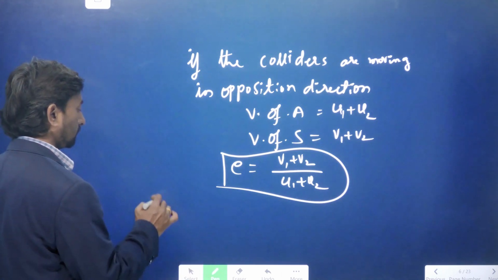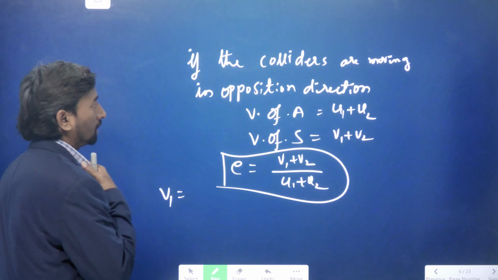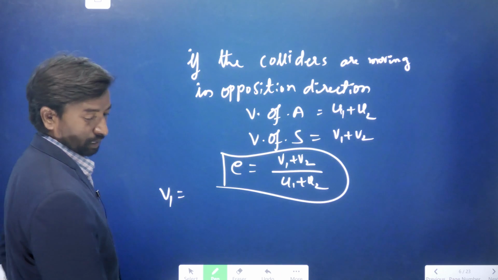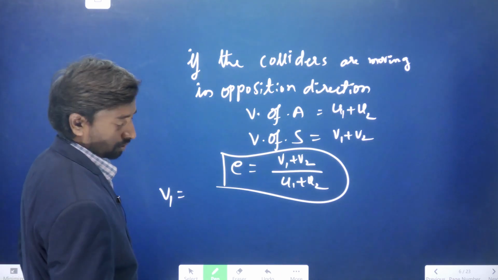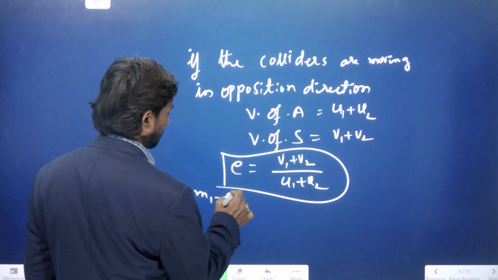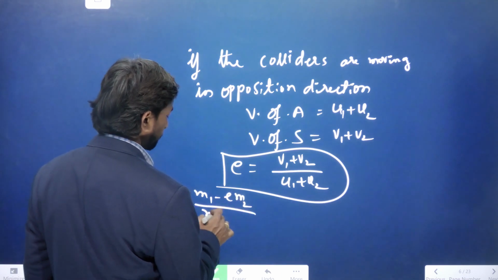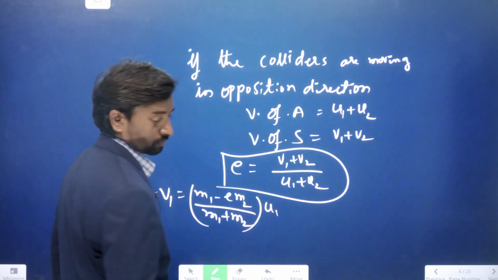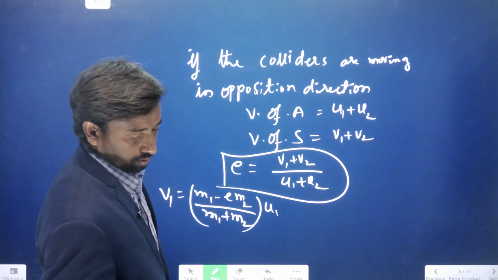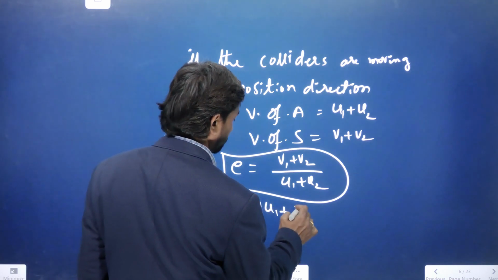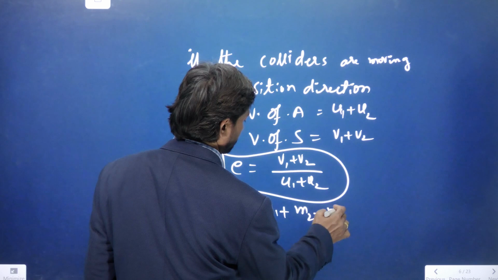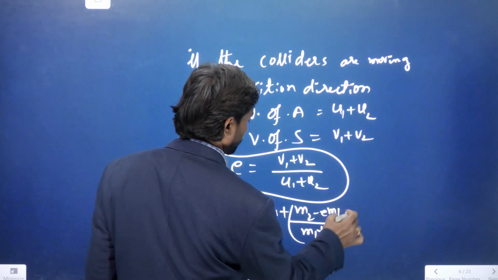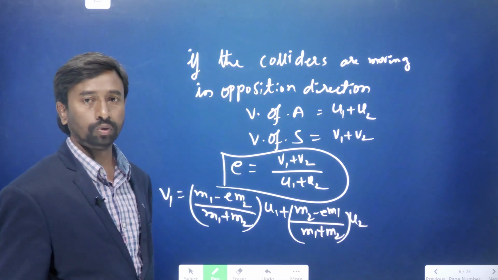In terms of E, the equation is v1 equals m1 minus E m2 divided by m1 plus m2 into u1, plus m2 minus E m1 divided by m1 plus m2 into u2.